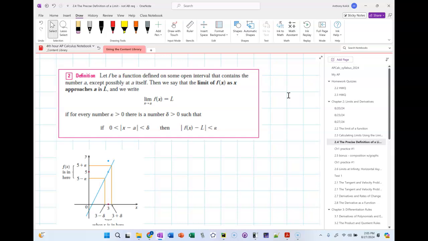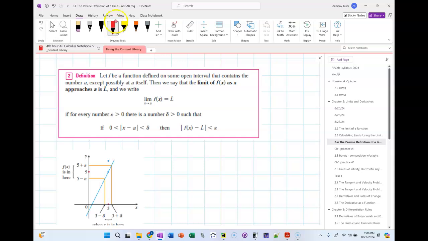Then we say the limit of f of x as x approaches a is L if for every number epsilon greater than 0, there is a number delta greater than 0, such that if 0 is less than the absolute value of x minus a, which is less than delta, then the absolute value of f of x minus L is less than epsilon. And you probably read that and think, Mr. Kulik, I don't understand a lick of what we're saying here.